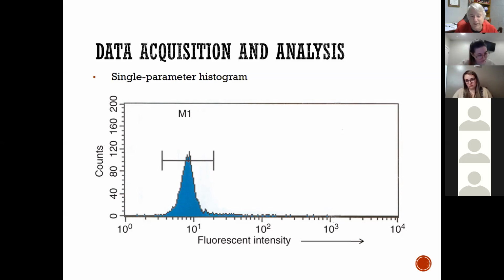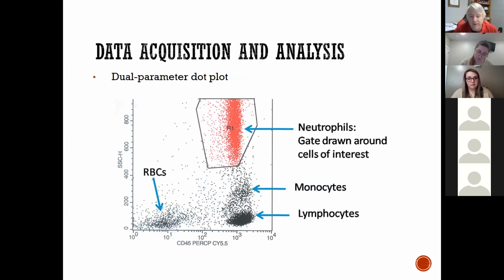I was just looking at the histogram here. This is more about what I'm thinking of with your CBC, a dot plot. As you see, there are areas of counts in certain areas. The scatter plot shows you the area of neutrophils, so your analyzer would look at the dots up in this area for red blood cell count, lymphocyte count, monocyte count.